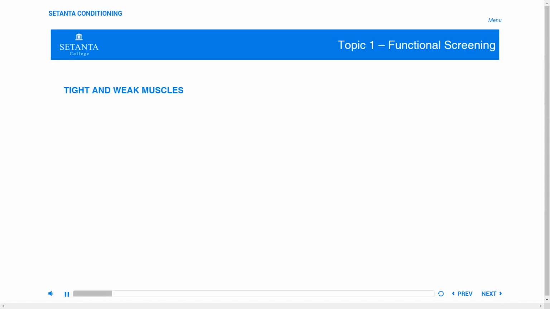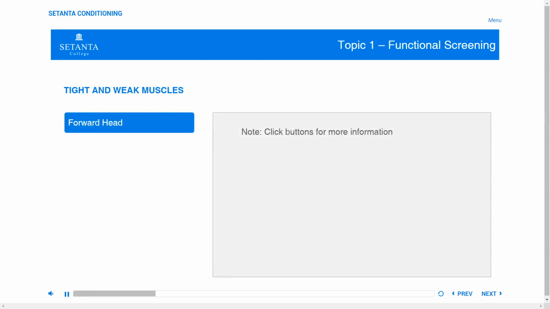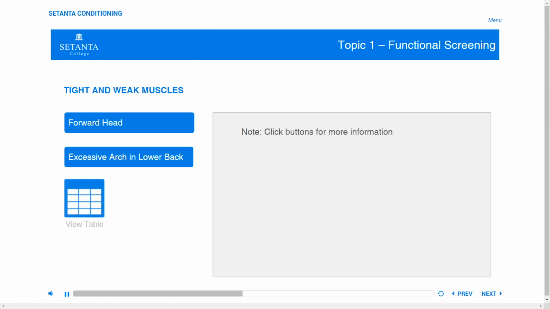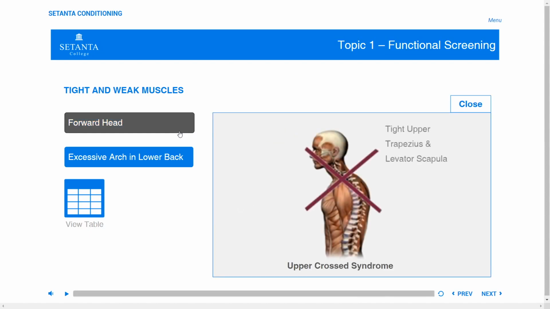Tight and weak muscles. Forward head. Excessive arch in the lower back. Please view the accompanying table for a breakdown of the weak and tight muscles associated with both upper and lower crossed syndromes. Forward head.